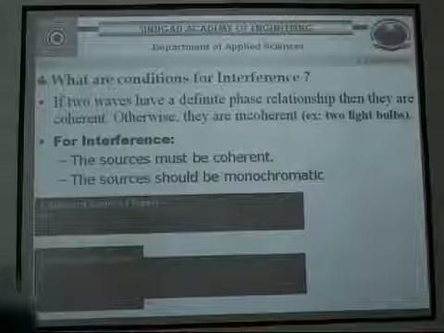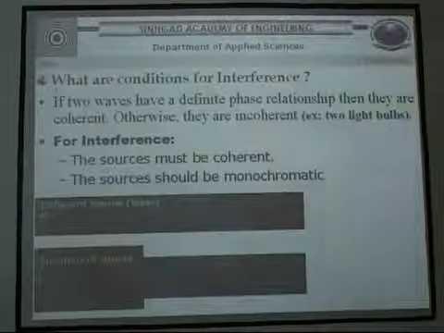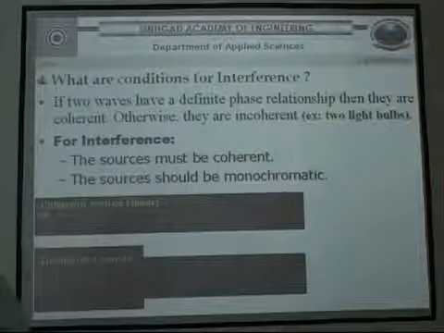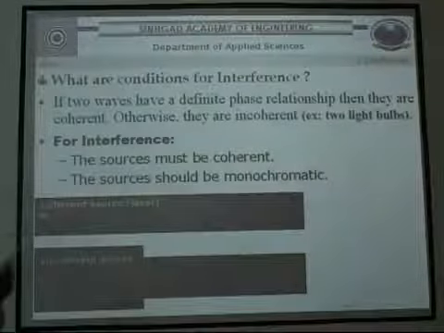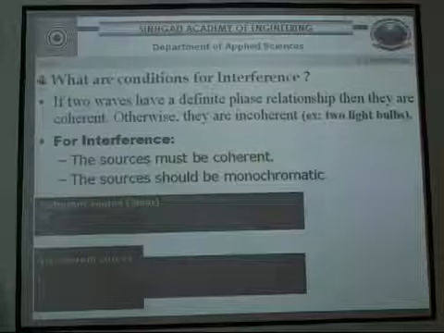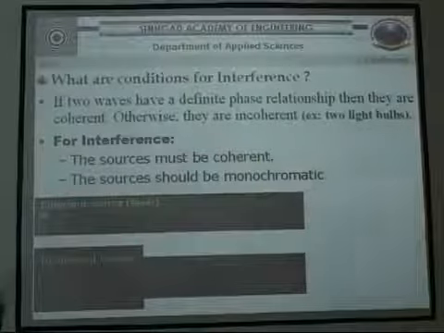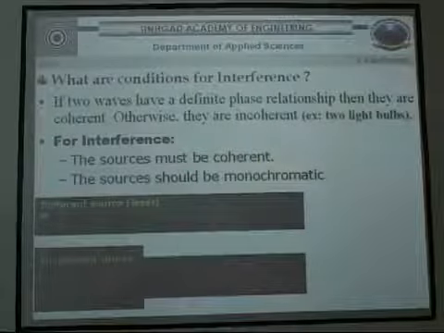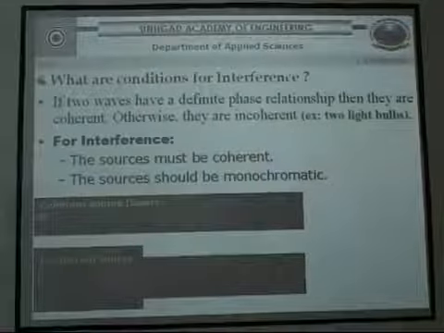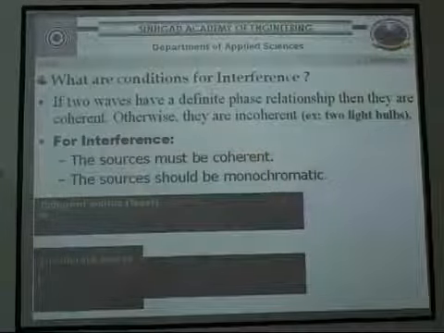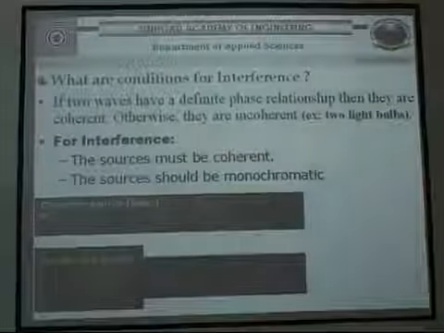From the coherent source, all the waves are emitted, and they are in phase. And in the non-coherent sources, all the waves are emitted, but they are out of phase, in a disturbed manner.